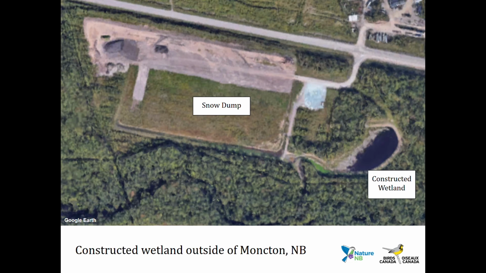So snow often has lots of contaminants, especially road salt. And the wetland, again, acts as that sponge. The water seeps very slowly through it. The contaminants get removed, and then the purified water flows into other waterways. And in addition to keeping the waterways clear, this wetland provides habitat for wildlife.